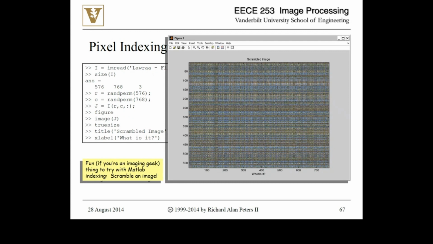And here you have an extreme case of that. Let's say that our image is of size 576 times 768, width and height. And then your function phi is just a random permutation.